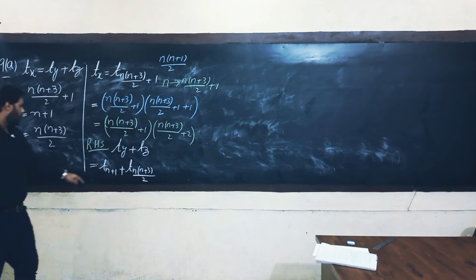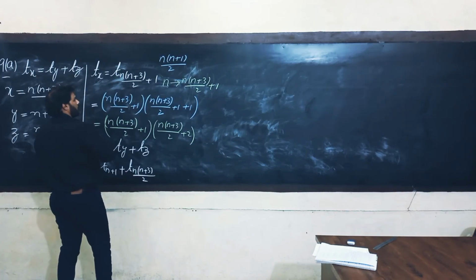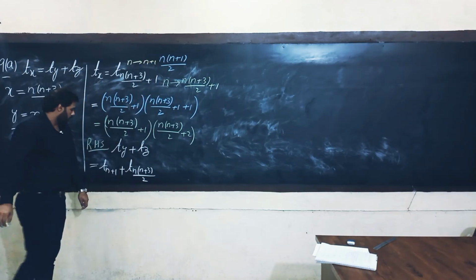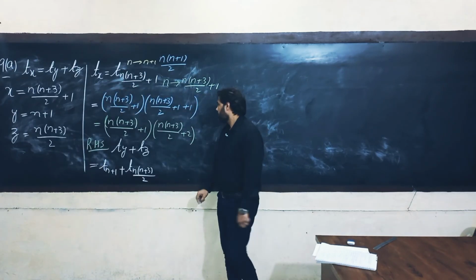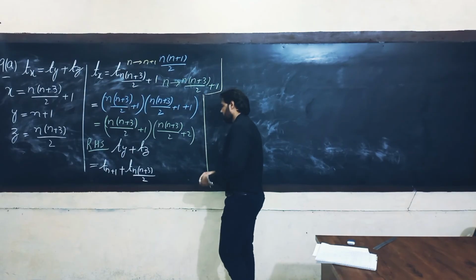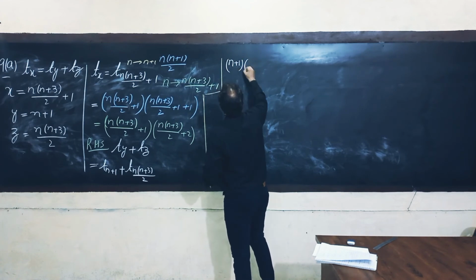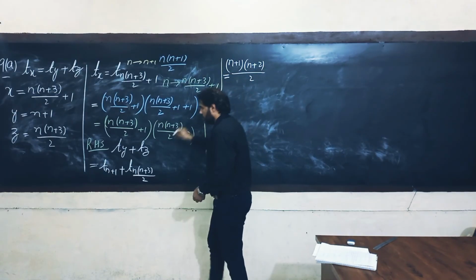Now to find Tn plus 1, we just replace n with n plus 1 in this formula. So this gives us Tn plus 1, this is n plus 1 into n plus 2 over 2. This is the value of Tn plus 1.